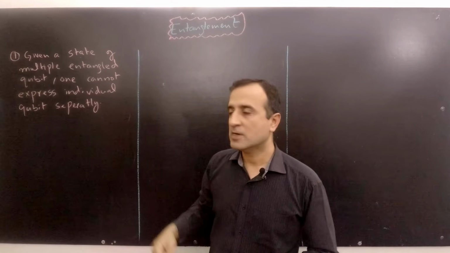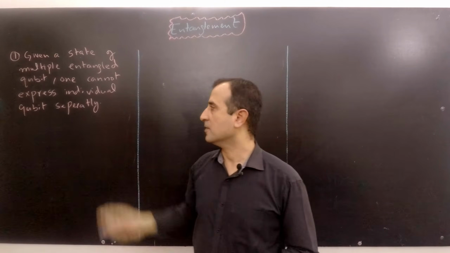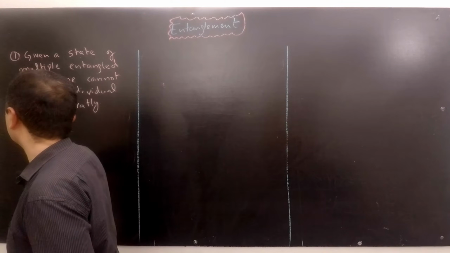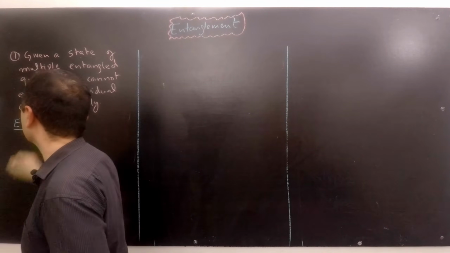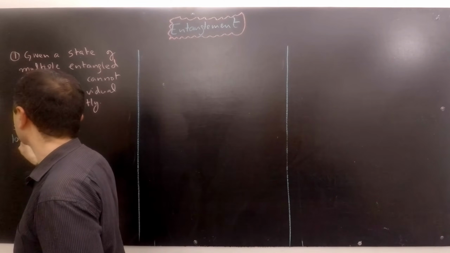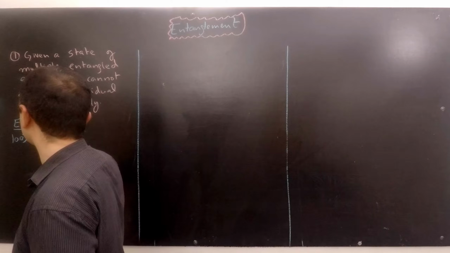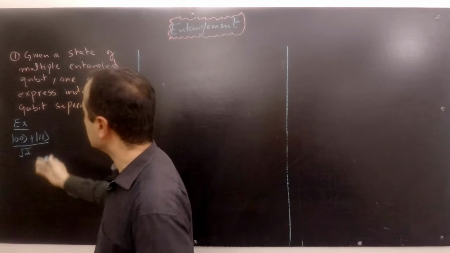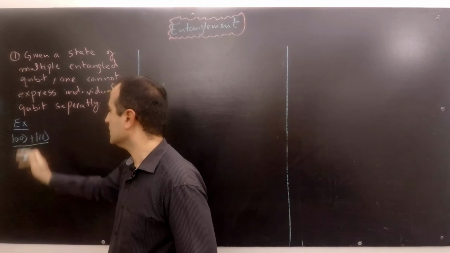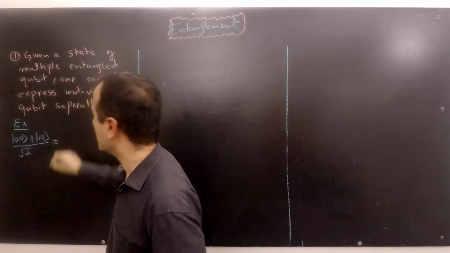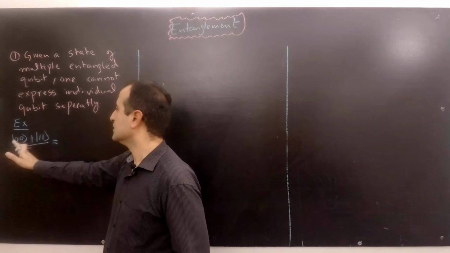So let's do an example to clear this definition. In the example, I have an entangled state which is ket 00 plus ket 11 divided by square root of 2, and this is the entangled state of two different qubits. Because the state is entangled, I cannot express each qubit separately.